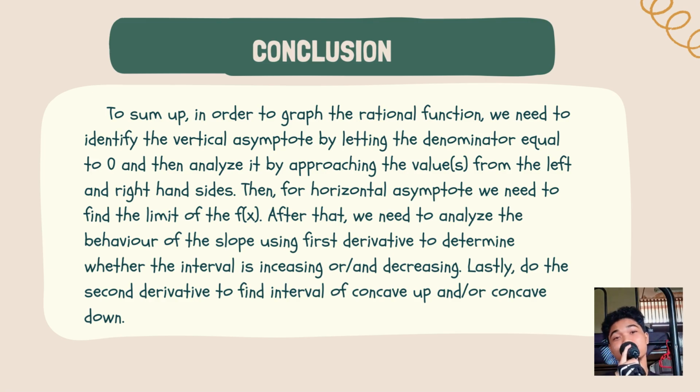Then for the horizontal asymptote, we need to find the limit of f(x). After that, we analyze the behavior of the slope using the first derivative to determine whether the interval is increasing or decreasing. Lastly, we use the second derivative to find the intervals of concave up and concave down. And then we draw the graph.